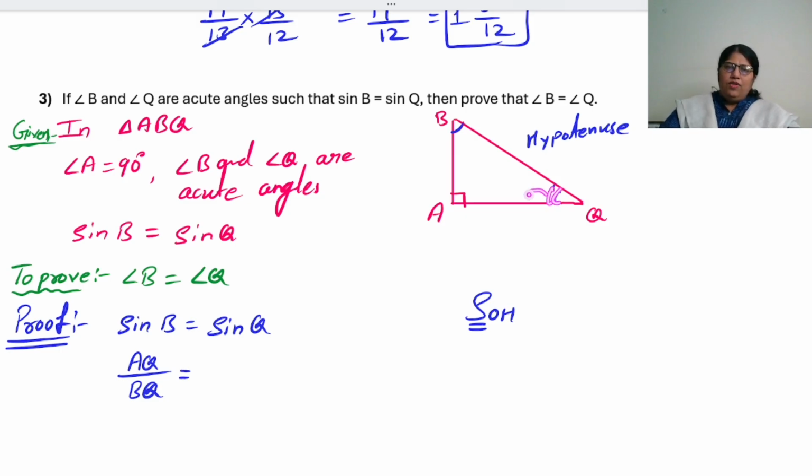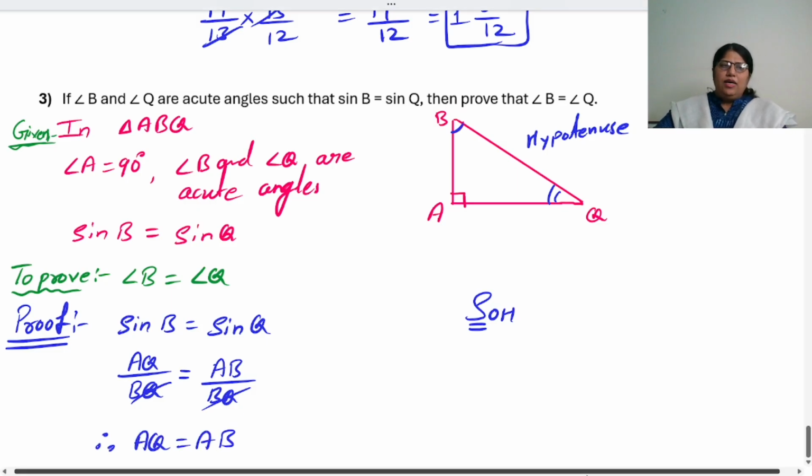Now one of the arms is going to be adjacent, and the side opposite to angle Q is AB. This is your adjacent, this is your opposite, this is your hypotenuse. So with respect to sin Q, opposite is AB by BQ, and from both sides you can cancel BQ, and you are left with AQ is equal to AB.